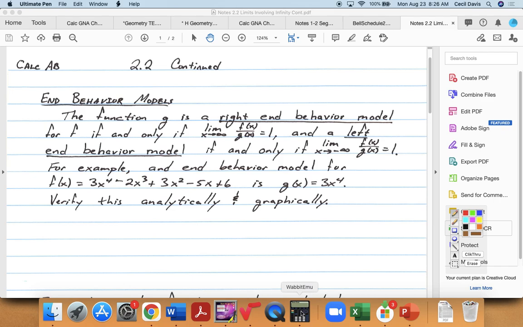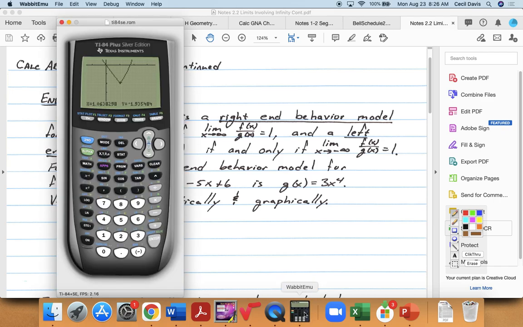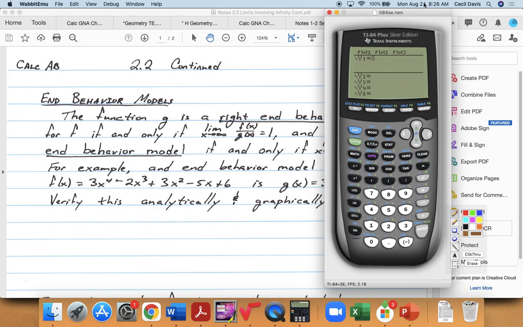So I'm going to grab my calculator and get rid of this junk. Type in the first one, 3x to the fourth minus 2x cubed plus 3x squared minus 5x plus 6.